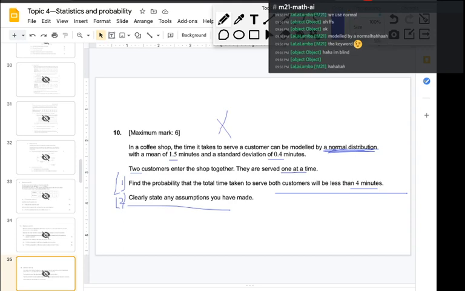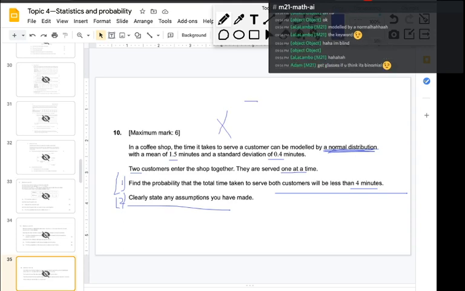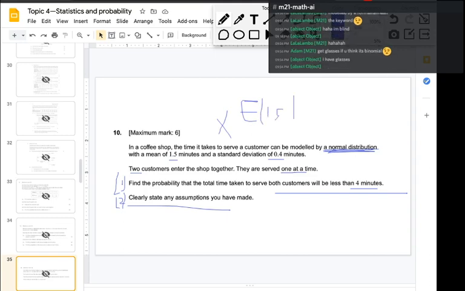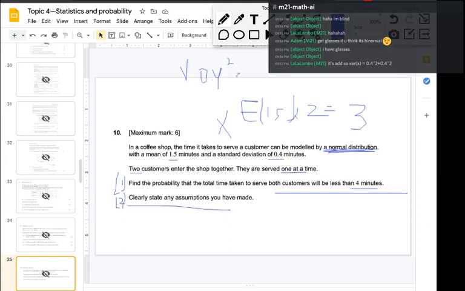The expected value will be multiplied by 2, 1.5 times 2 equals 3. For the standard deviation, we need to transform it into variance first. So 0.4 to the power of 2 equals 0.16.